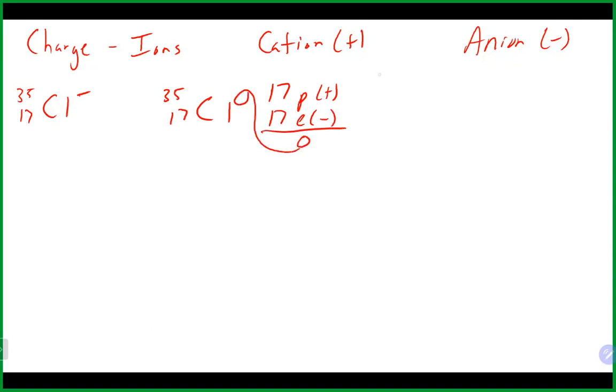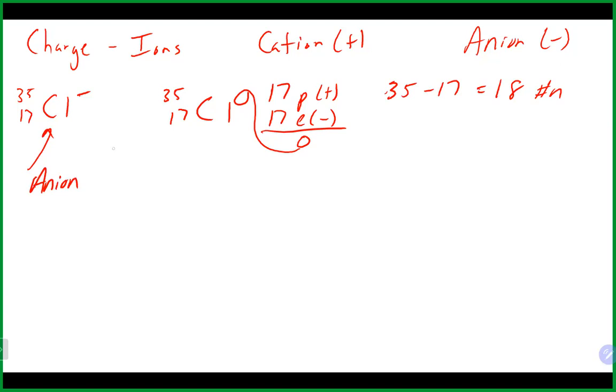And we would have 35 minus 17, taking our mass number minus our atomic number, which is 18, the number of neutrons. Now, when we go to our version that has a negative charge, this is an anion because it has a negative charge.